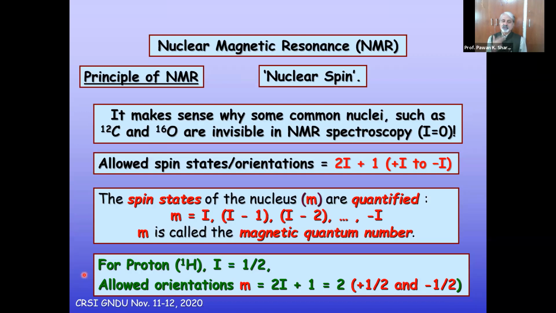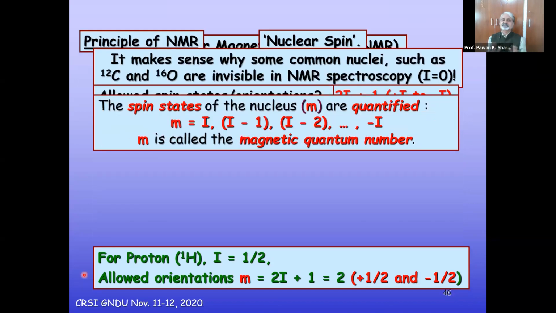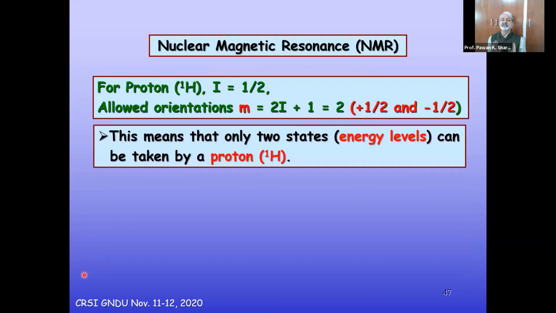When we say E1, E2 or alpha, beta, hydrogen can adopt only 2 orientations. Those are half and minus half. That means only 2 energy states, 2 energy levels, are possible for 1H, for a proton.